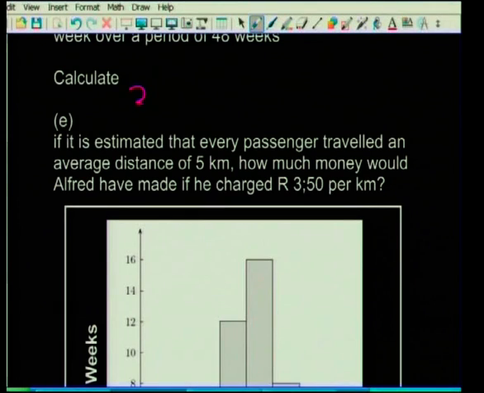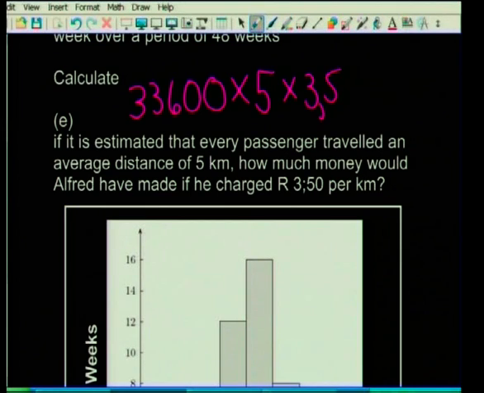Now guys, it should have rather been how much money has he taken in, because of course not all of that money is profit. He has to pay for petrol, but we know what they mean, so let's do that quickly. I'm going to take the total number of passengers, which was 33,600. And I'm going to say, well, each of them traveled 5 kilometers, and for each kilometer traveled, £3.50 was charged.